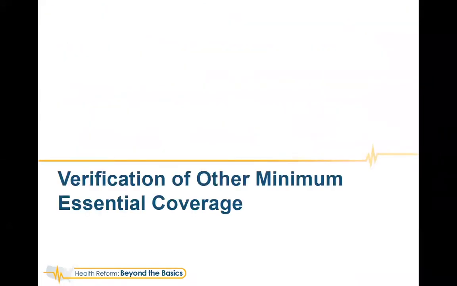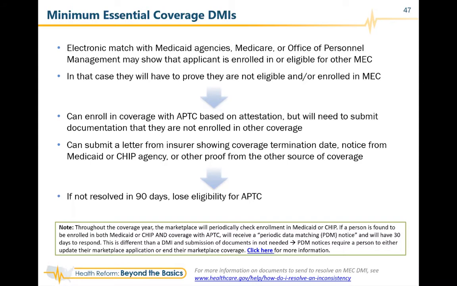So in the interest of time, let's just move on to other kinds of verification that you might have to do. There is an electronic match with Medicaid agencies, Medicare, and the Office of Personnel Management to show if the applicant is enrolled in or eligible for other minimum essential coverage. Because if they are enrolled in other minimum essential coverage, they are not eligible for APTC.